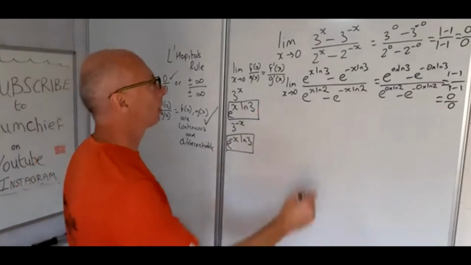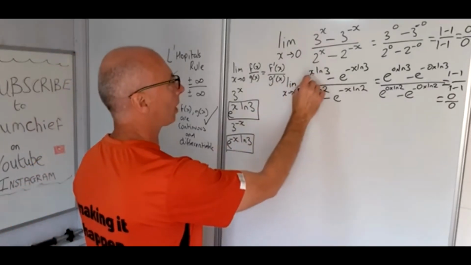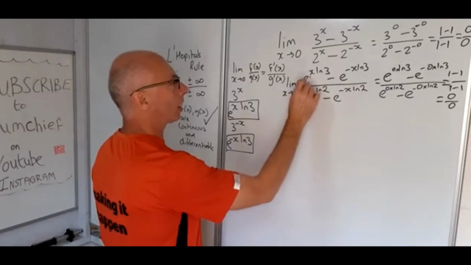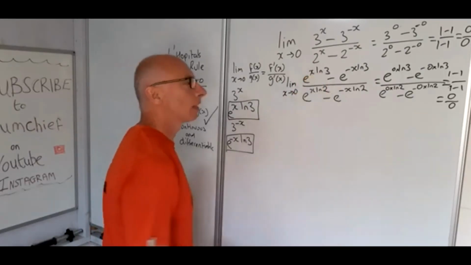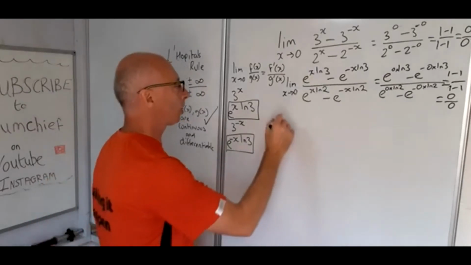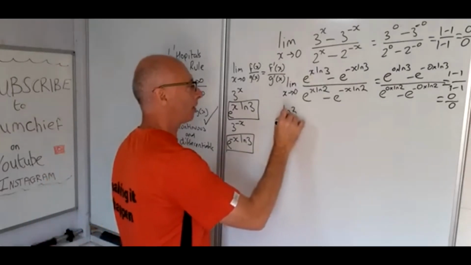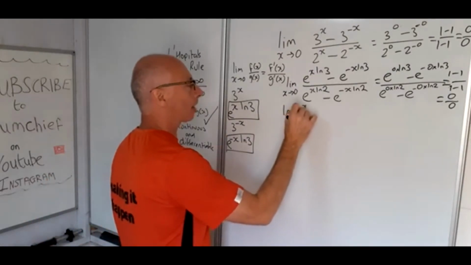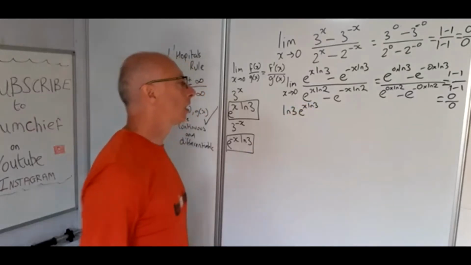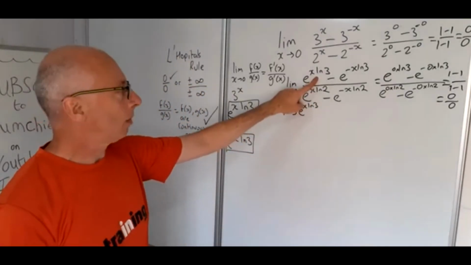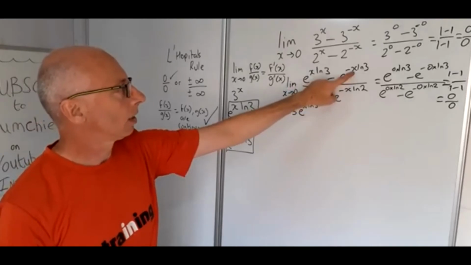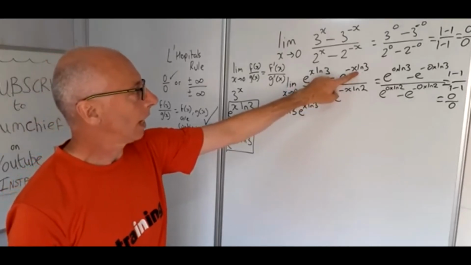Okay, so let's take the derivative of this. So e to the x ln 3 stays as it is, but ln 3 is a constant, so we can bring that out front. So ln 3 e to the x ln 3. That's our derivative of that one. Now this one here, we've got negative x ln 3.